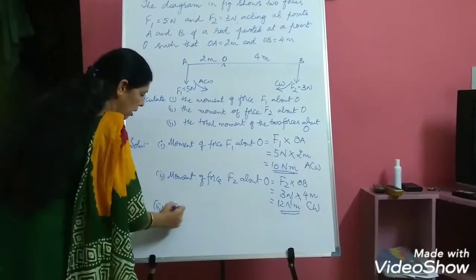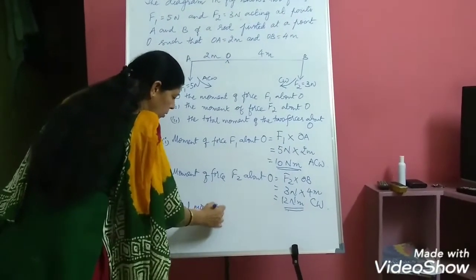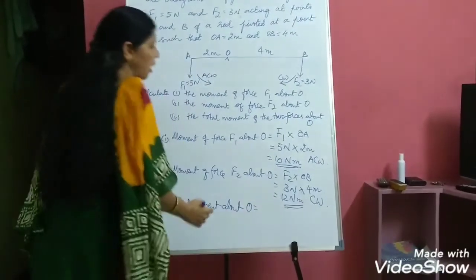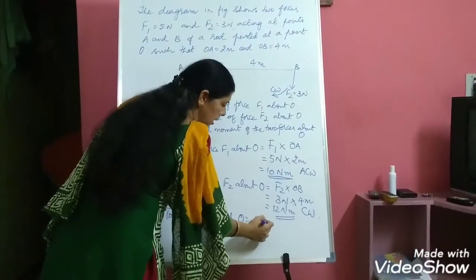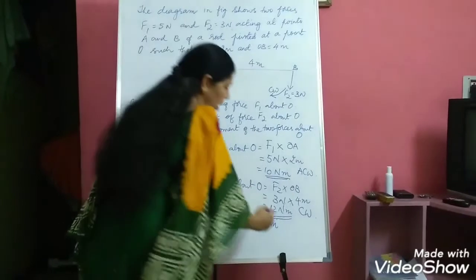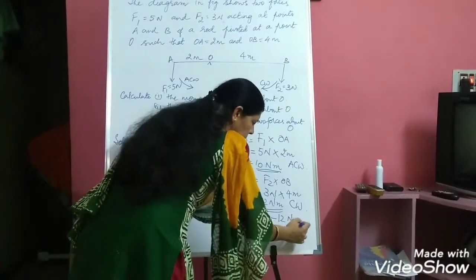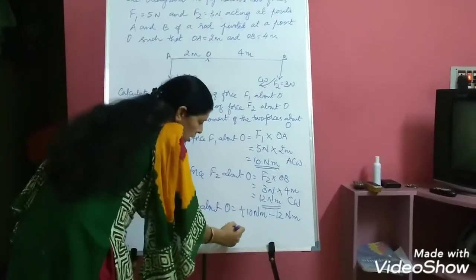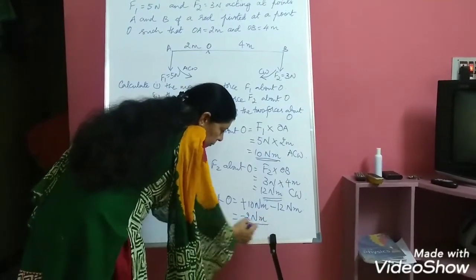To calculate the total moment about O, we take anti-clockwise moment with positive sign, that is plus 10 Newton meter, and clockwise moment with negative sign, that is minus 12 Newton meter. Now this will come to minus 2 Newton meter.